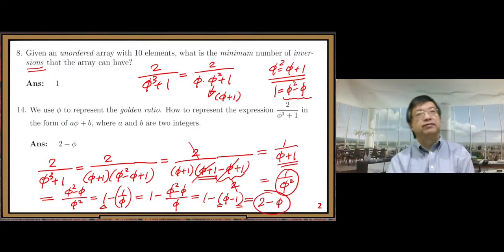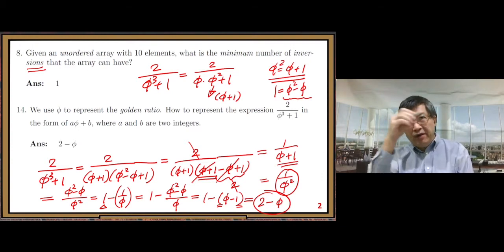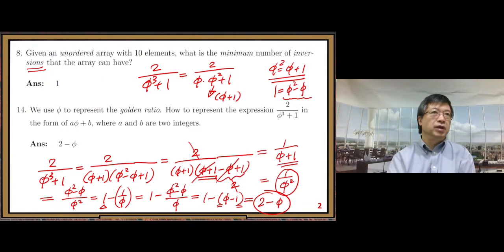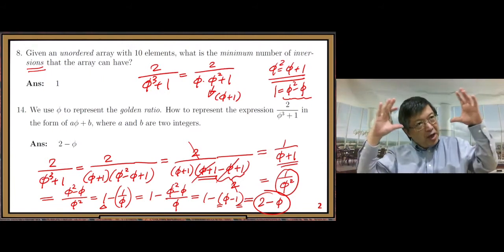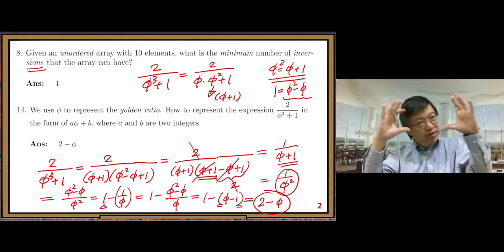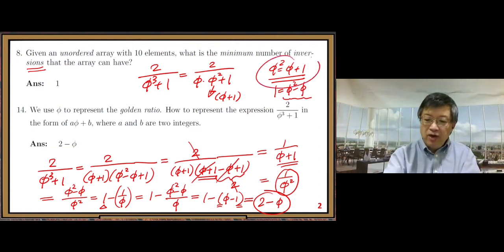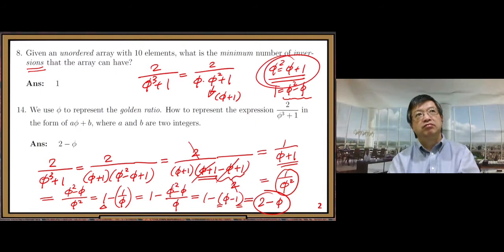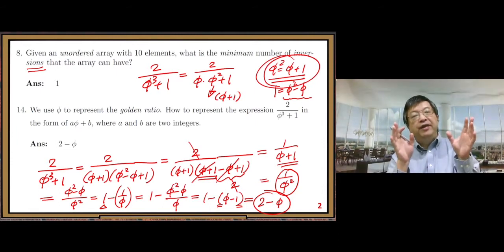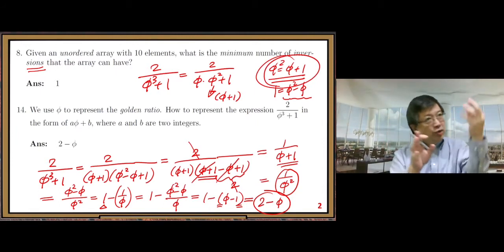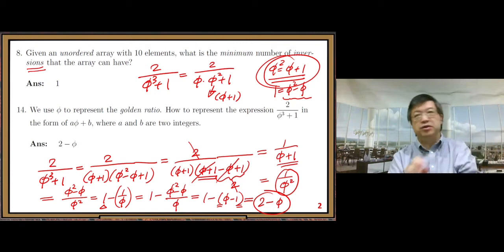So when you do calculation, do it carefully, step by step. Don't miss any parentheses. Parentheses are very important. And use this formula several times. You need to identify under certain situations which version of the formula should be used. All right, so that's question number 14.